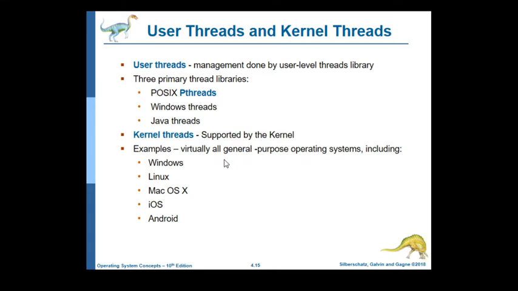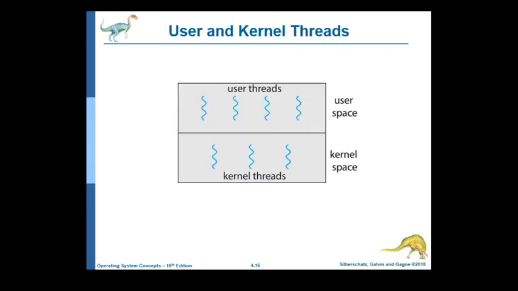For example, all general OS support kernel threads, including Windows, Linux, and Mac OS, as well as mobile devices, iOS and Android. To execute on a CPU, a relationship must exist between user thread and kernel thread.